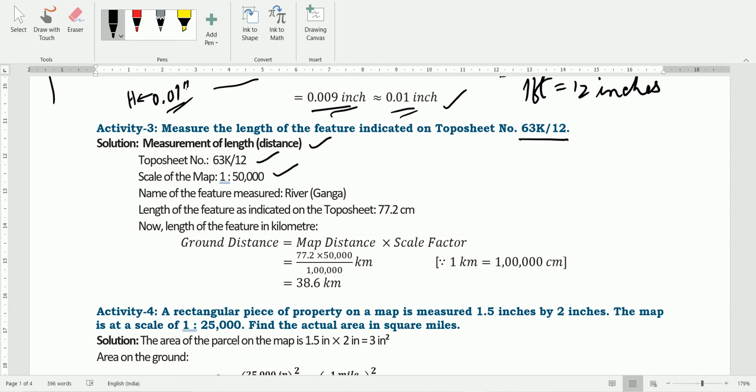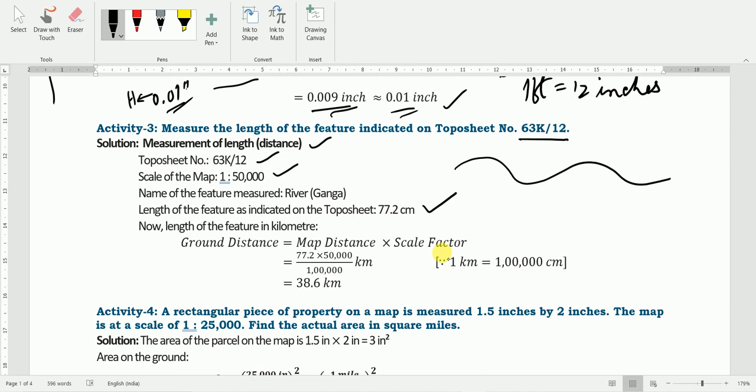Using thread or rotameter, we have got the length of the river Ganga on topo-sheet number 63K by 12 as 77.2 centimeter.